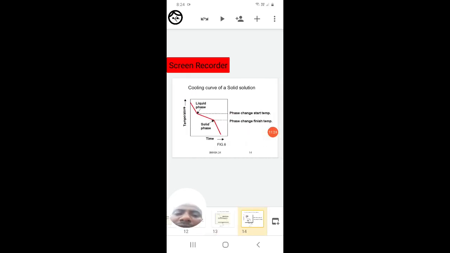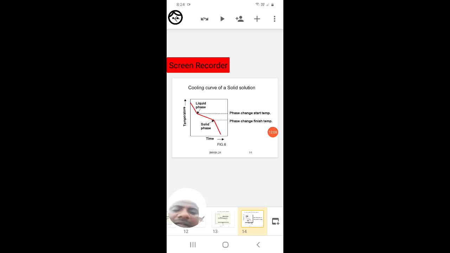So you see the cooling curve of a solid solution, that is the liquid phase, temperature versus time or transformation. Where the liquid phase starts, then liquid phase and solid phase, liquid phase and solid phase as intermediate phases occur. Then finally the solid phase occurs.